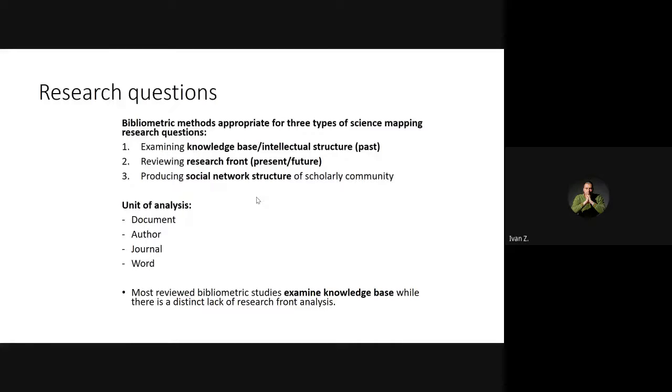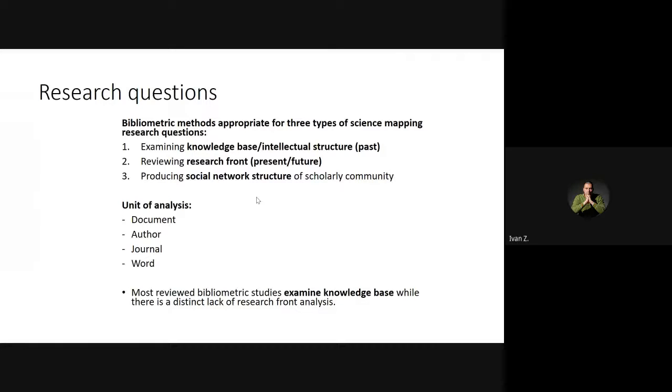The unit of analysis for bibliometric methods can be on the level of document. With document, we mean either a research publication, an article, or a book, or any other kind of publication. Then you can do it on the level of author, so you can connect authors among them.